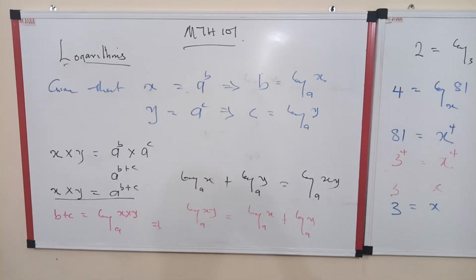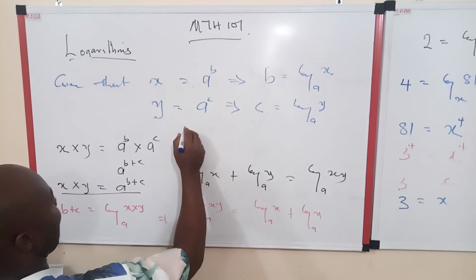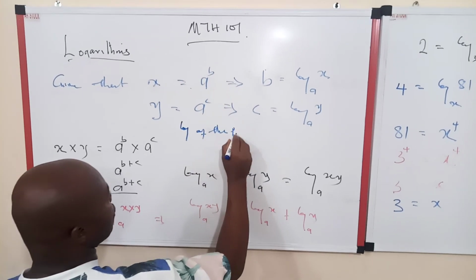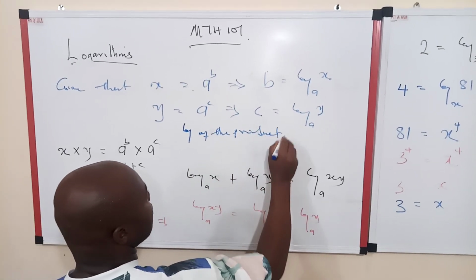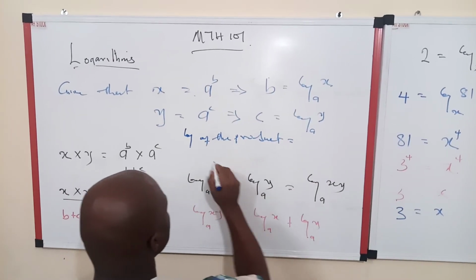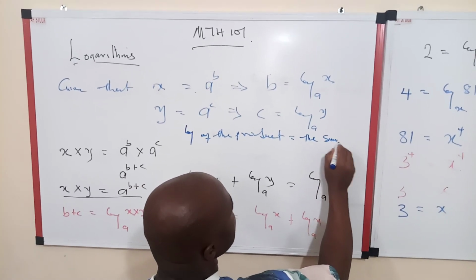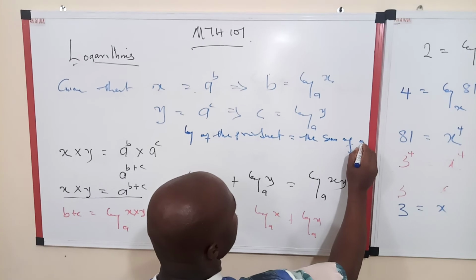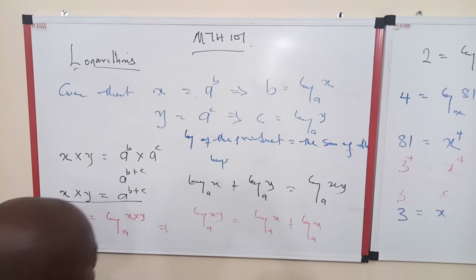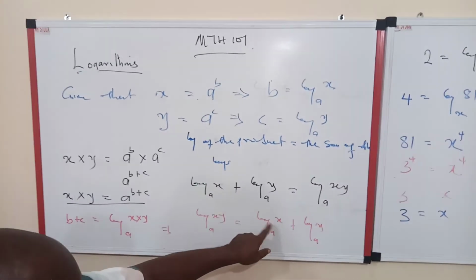Let me use another marker. We can write this as: the log of the product is equal to the sum of the logs. The log of the product of these is equal to their sum.